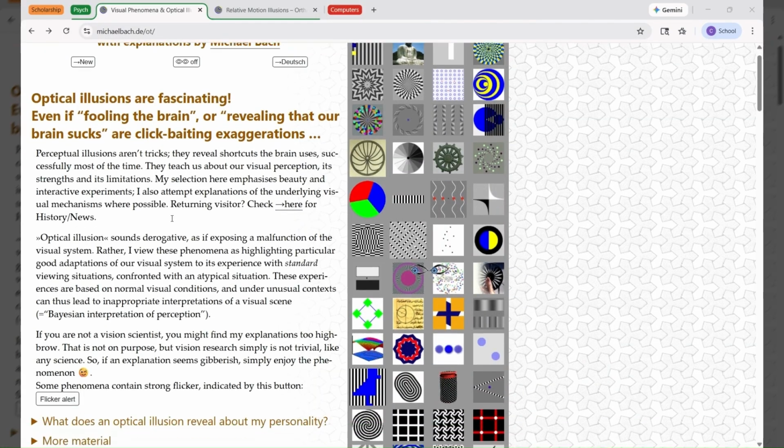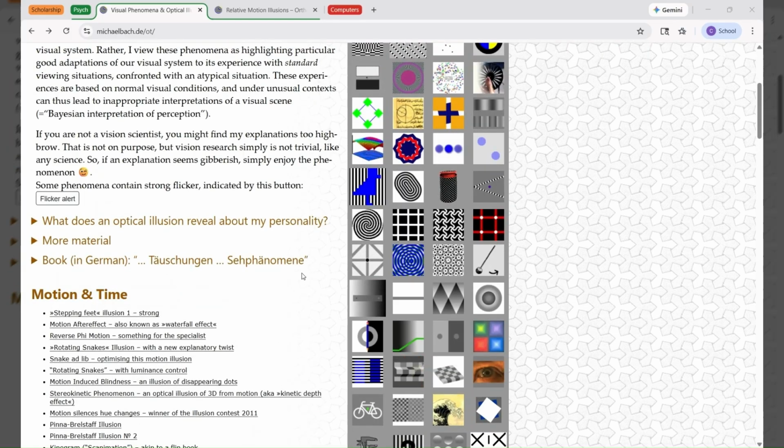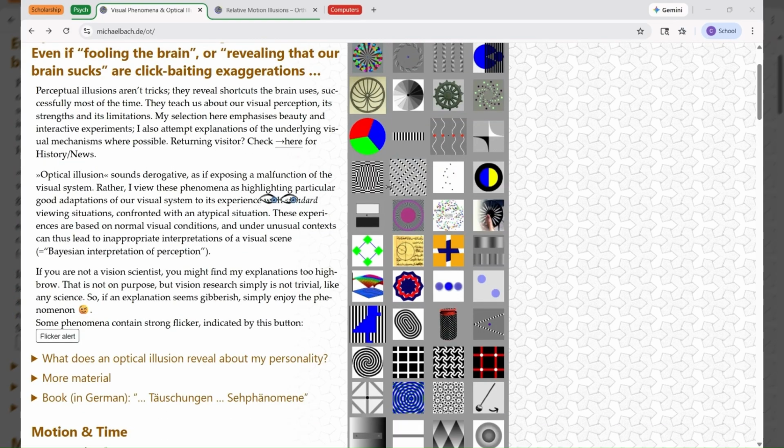All right, so on this website made by Michael Bach, there are 154 illusions, and the one we are going to dive into is this one right here.